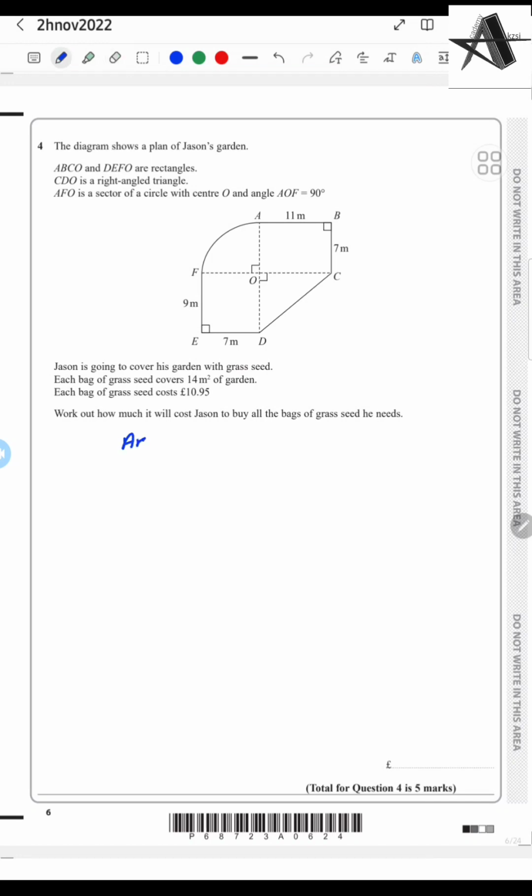First, area of AFO plus area of ABCO, which is a rectangle, then area of DOC, which is a triangle, plus area of FOED, which is a rectangle. So area of AFO is a sector.